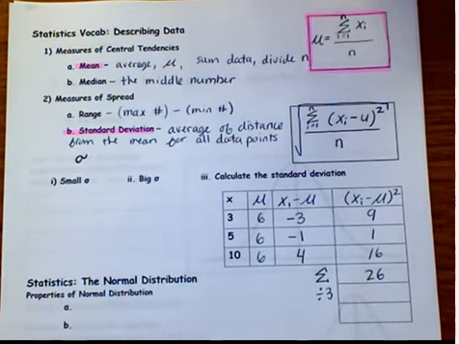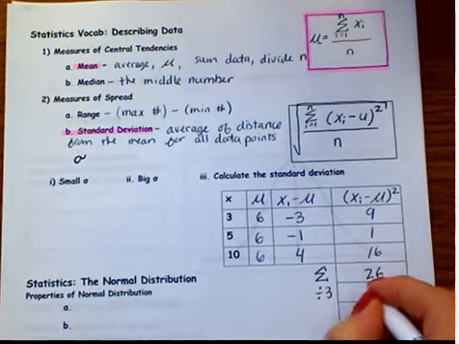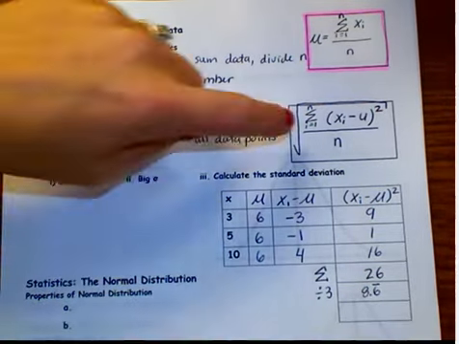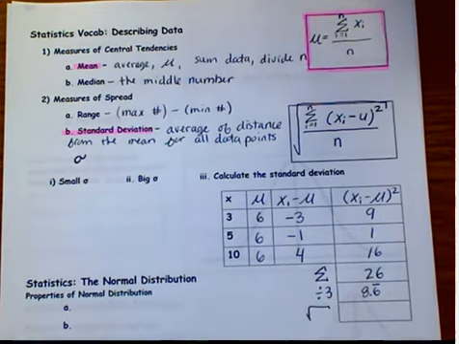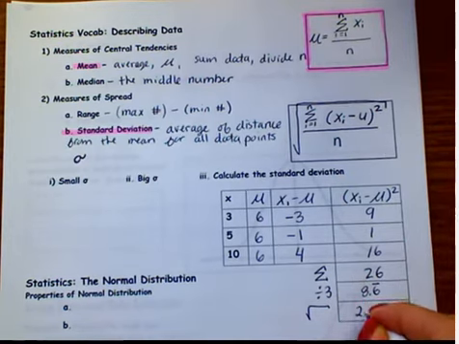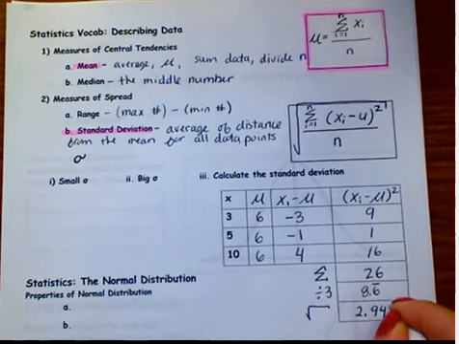So that is 8.6 repeating, and now I need to square root. 2.944.